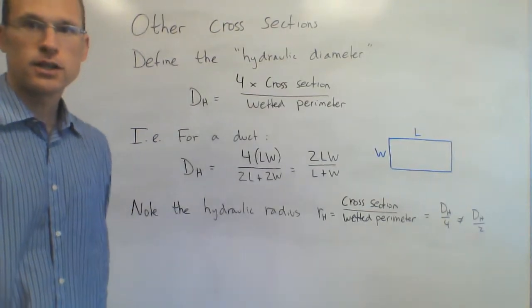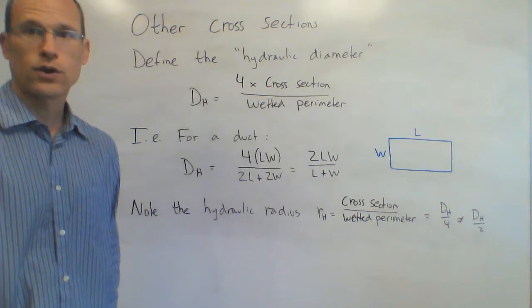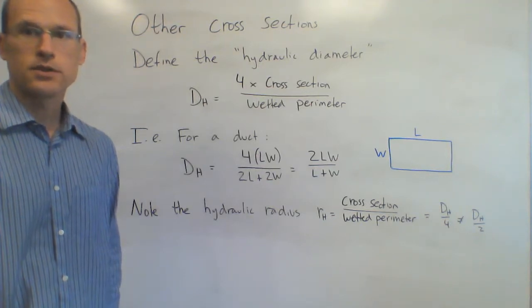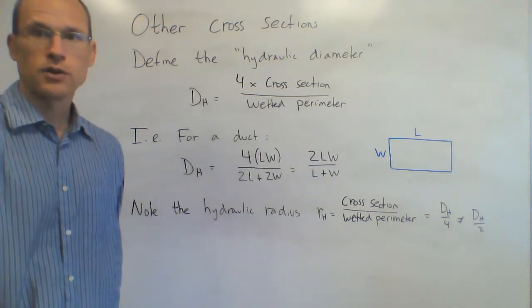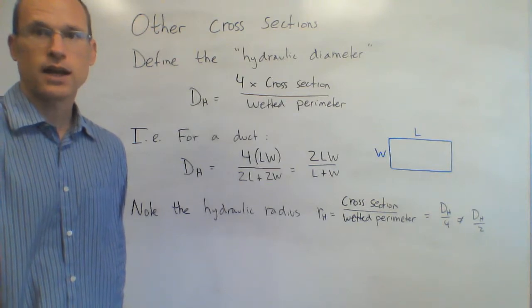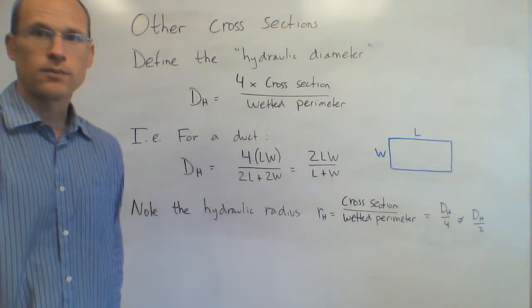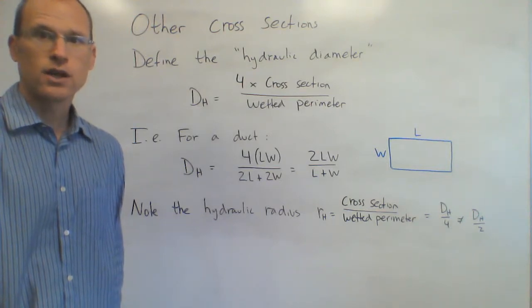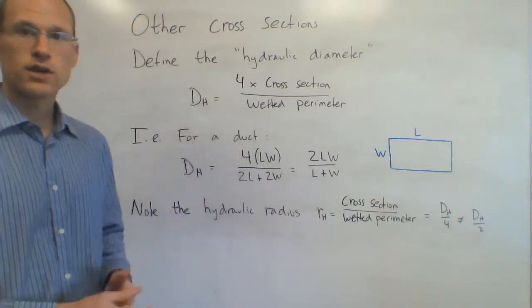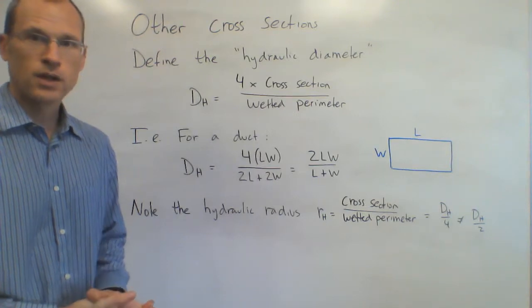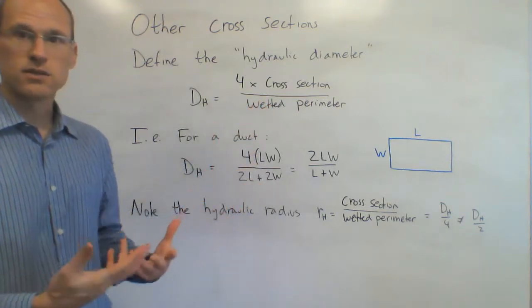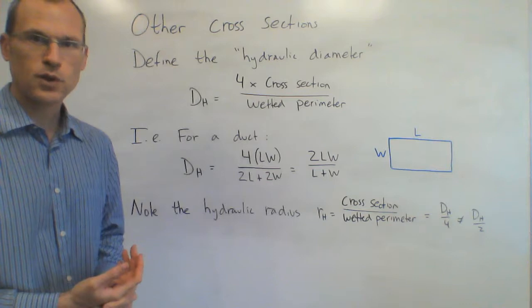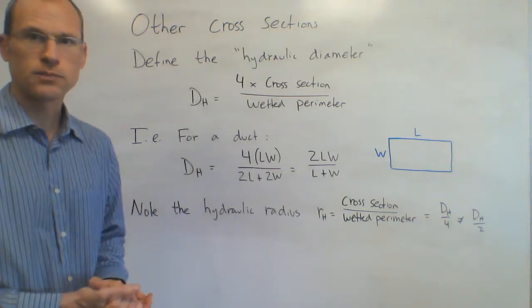One last thing to mention is that we're dealing so far with just circular pipes. Sometimes you have pipes that are not circular, usually things like AC systems, where you have rectangular ducts. In that case, what we can do is define something called a hydraulic diameter. So D_H is 4 times the cross-section divided by the wetted perimeter. Wetted perimeter basically means where the fluid is flowing, where the wet sides are touching the fluid, essentially.